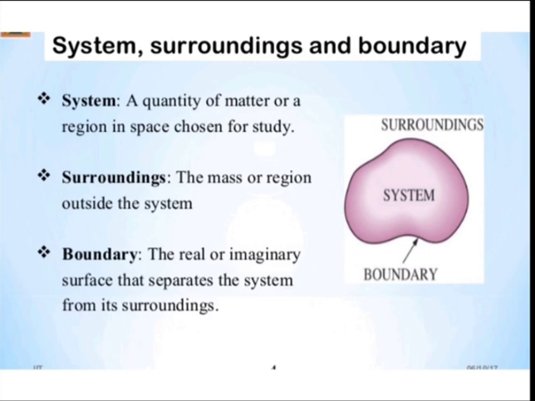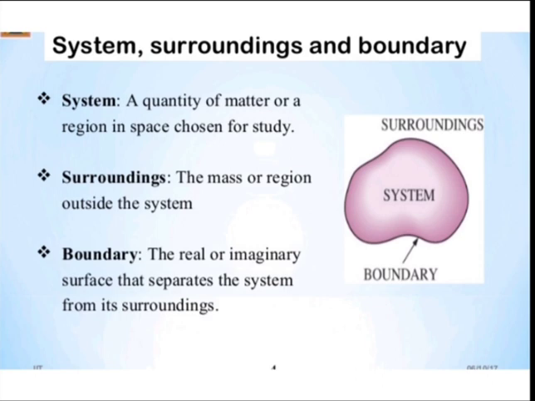See, this bubble shows the inside part of this bubble is a system, then the remaining part outside this bubble is the surroundings, and the outer layer of this system is called a boundary. Surrounding means the mass or the region outside the system.